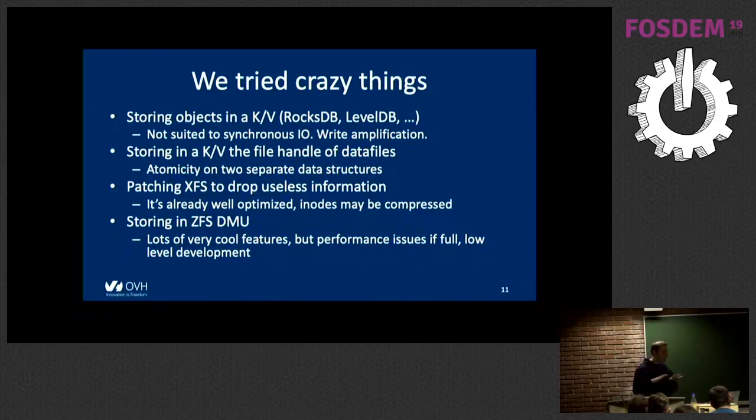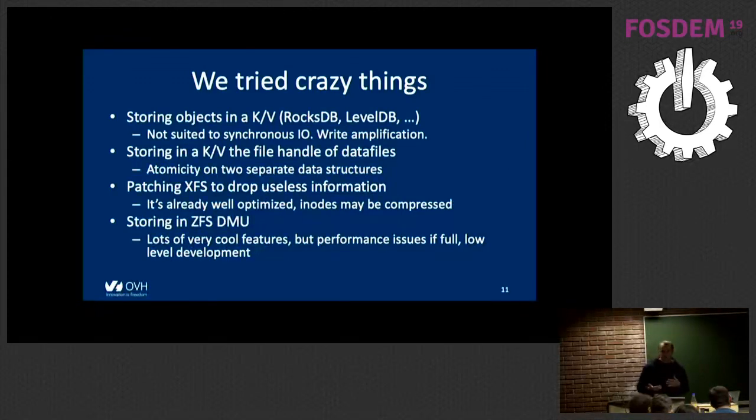After that, we thought we could store in a key value store the file handle of the data file. A file handle is like a direct access to the inode of the file without needing to check every inode of every part of the path. So it's like a unique ID on the file system, so we could take it and access the inode of the data file directly.